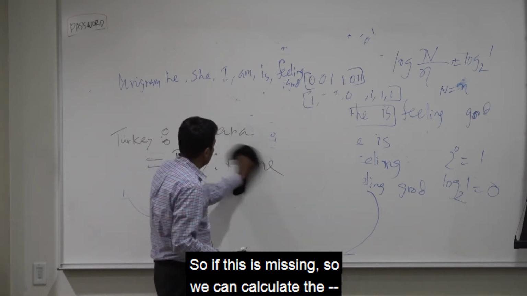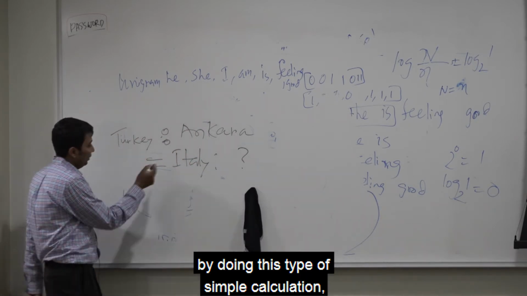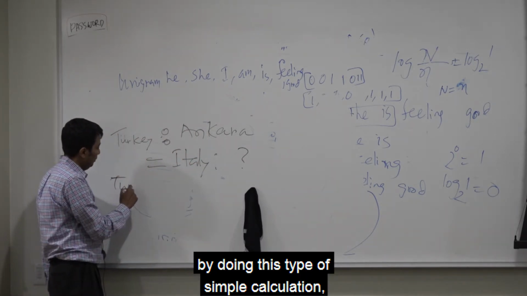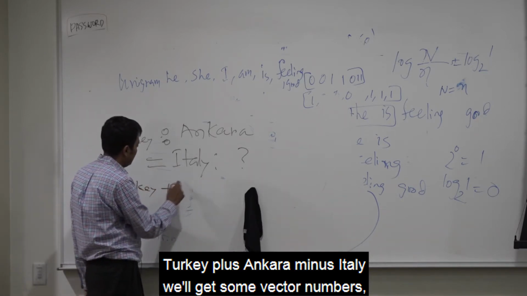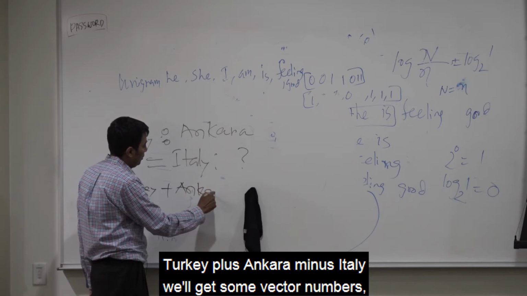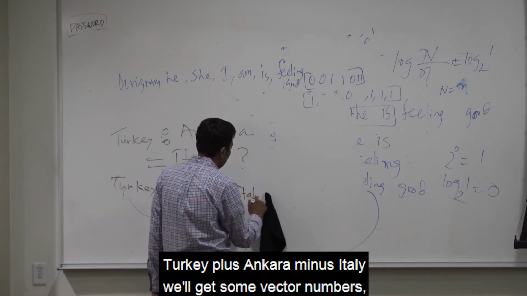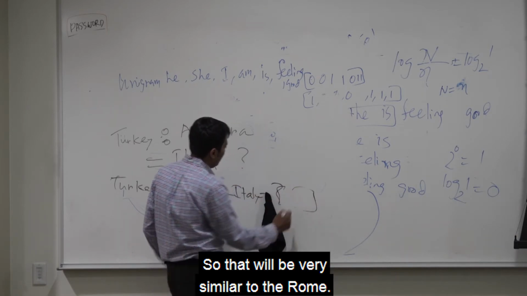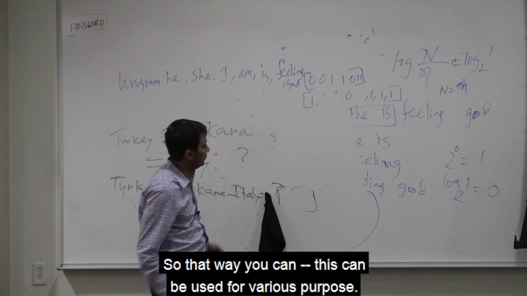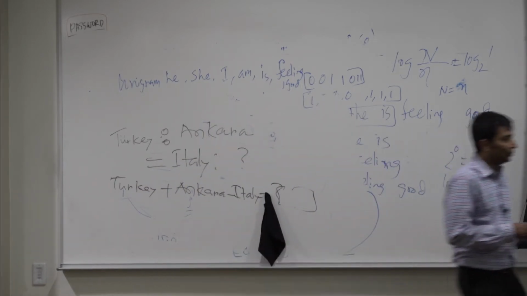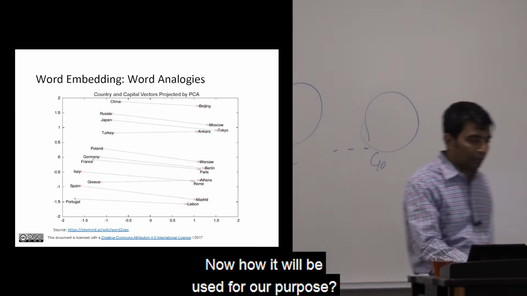So if this is missing, we can calculate by doing this type of simple calculation, Turkey plus Ankara minus Italy, you will get some vector numbers, right? So that will be very similar to Rome. So this can be used for various purposes. So basically it represents some relationship.